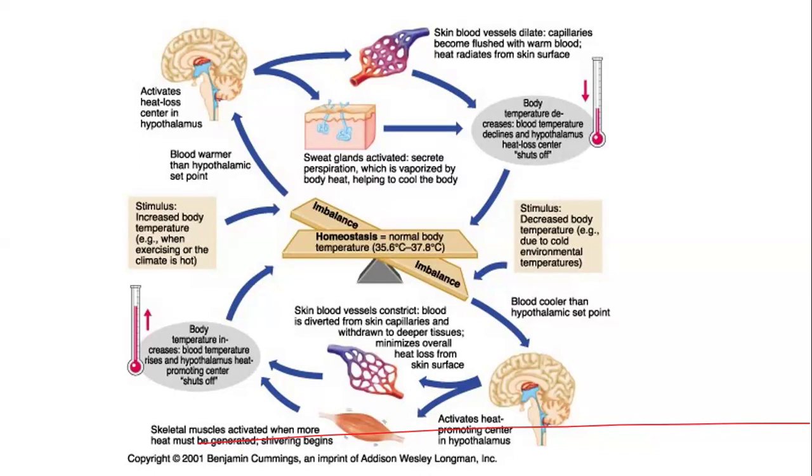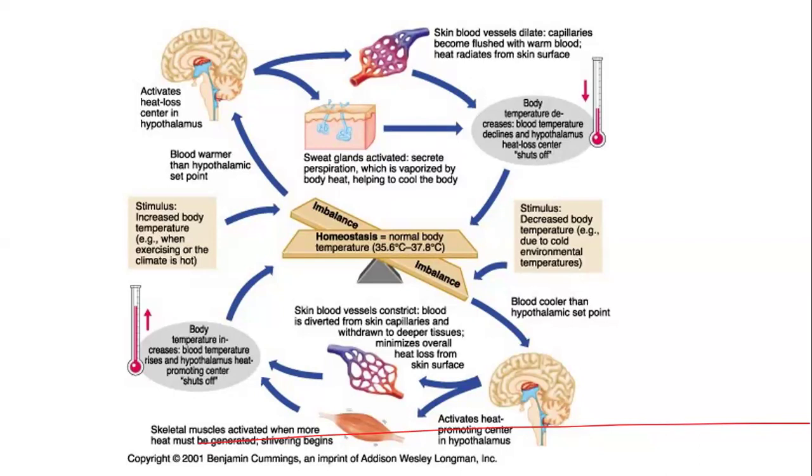What happens is that there will be shivering, and there will be constriction of the blood capillaries. When there's constriction of blood capillaries, less blood flows through them, which means less heat is lost to the environment. So more heat is conserved by the body, and the body temperature starts rising once again until it reaches normal.